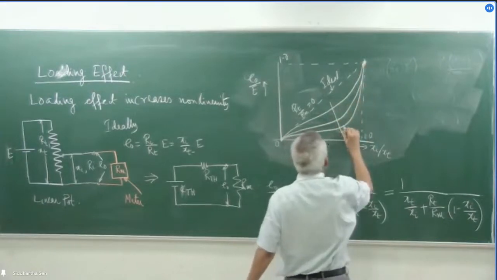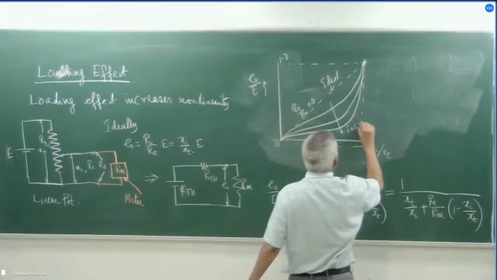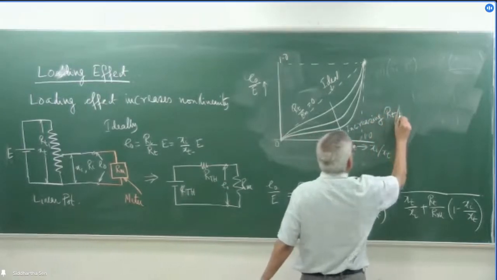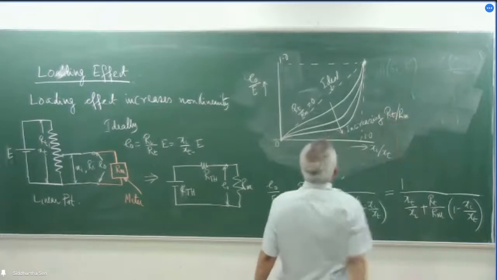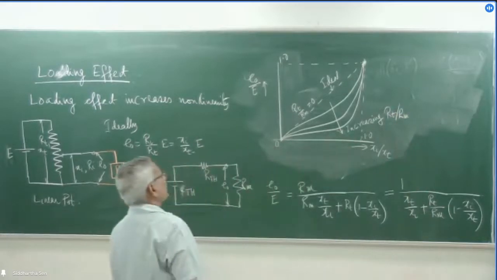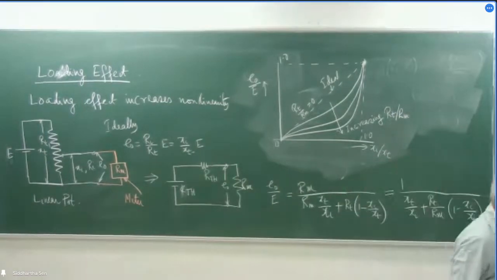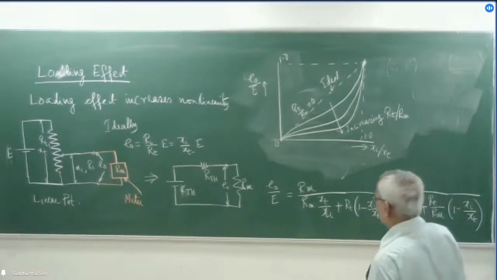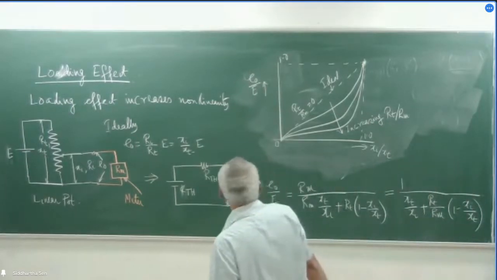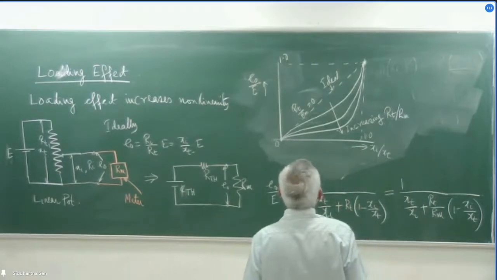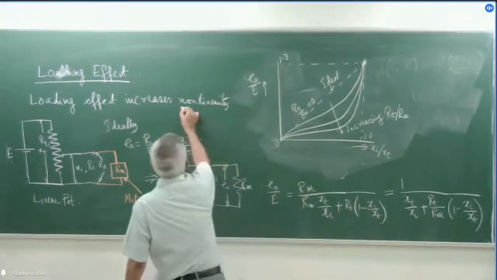So here it is increasing RT by Rm. So as the potentiometer resistance increases and comes to be comparable with the meter resistance, it is causing the loading effect, and the loading effect will be causing what we call the nonlinearity.